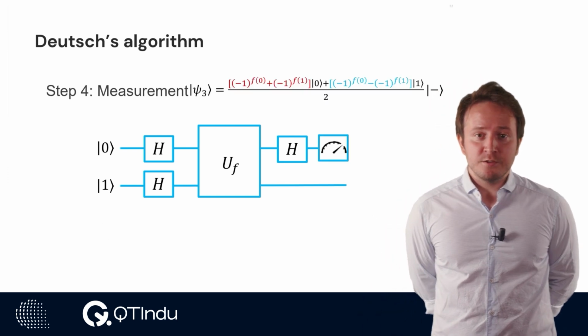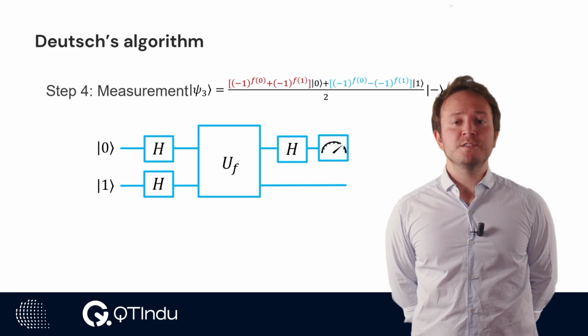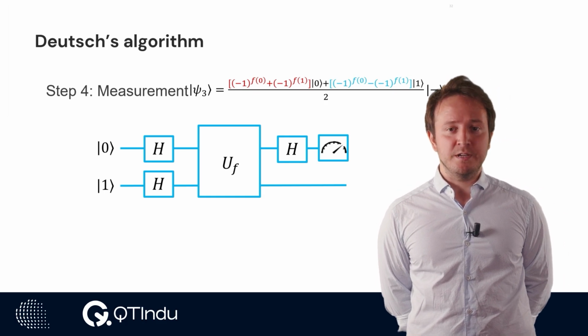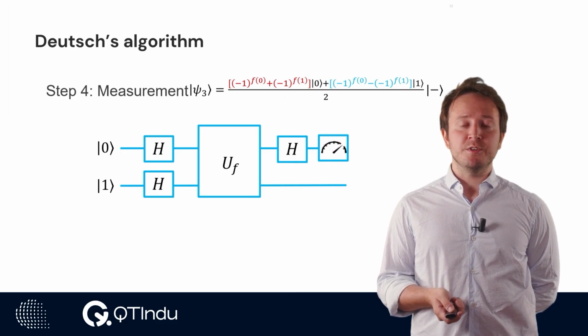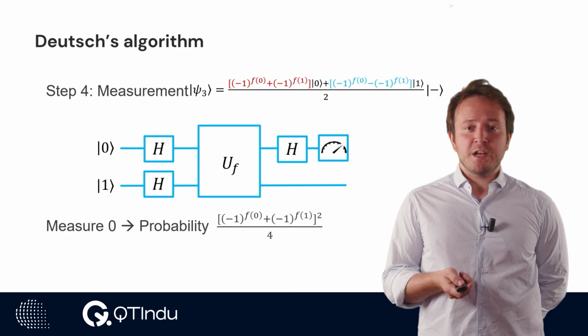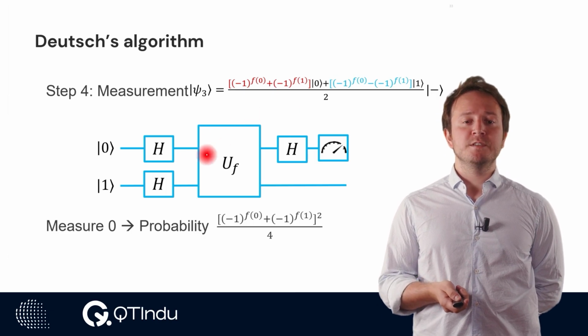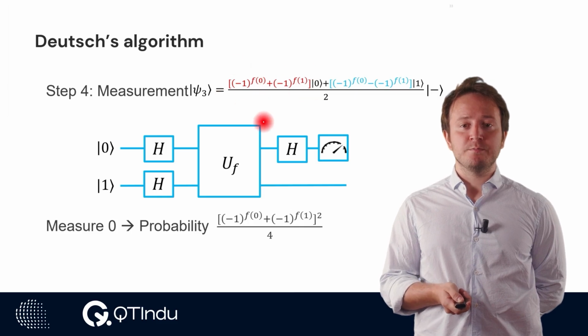Once we have this state, to make sense out of it, we need to measure the qubit registry. So let's see what happens when we measure the registry qubit with this measurement apparatus. If we just directly look at this formula, we can see that we measure 0 with a probability that is given by the square of this coefficient over here.